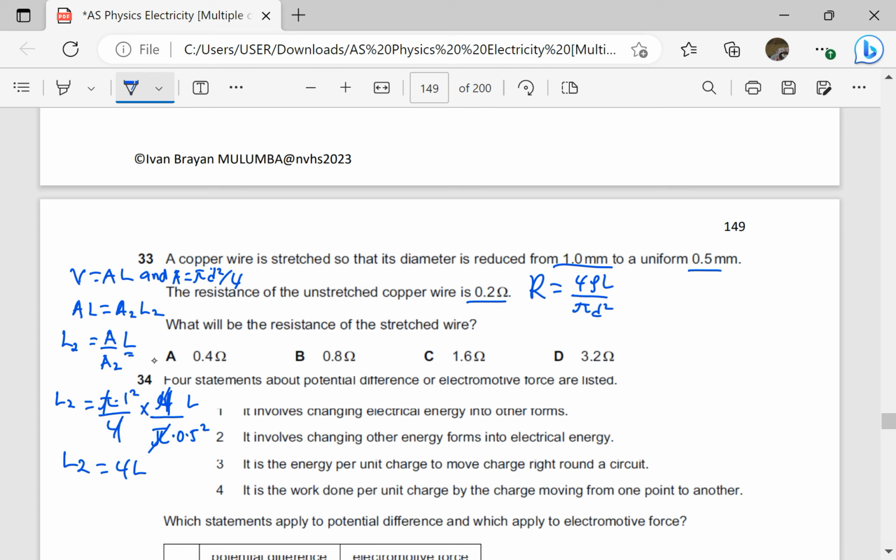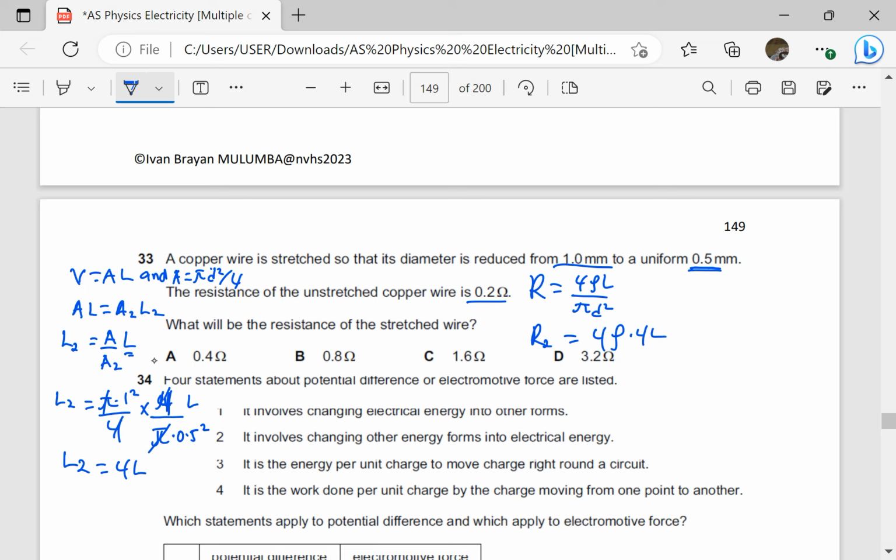But I noticed that this diameter here is half the other one, so I can put in half, no problem. For the second wire, the resistance R2 is going to be 4 times rho. Where there is length for the second wire, I'll put there 4L, so this is times 4L.